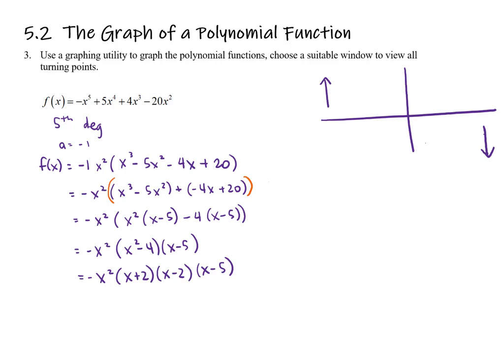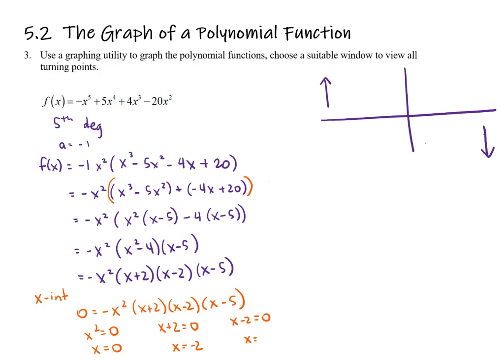And then I'm just going to find my x-intercepts by setting this equal to 0. And you should get the x squared is equal to 0. The x plus 2 is equal to 0. The x minus 2 is equal to 0.